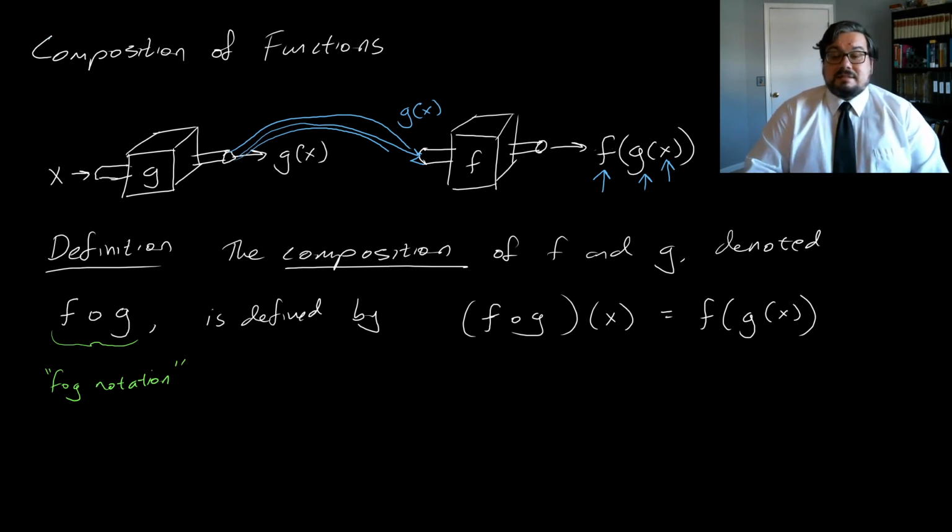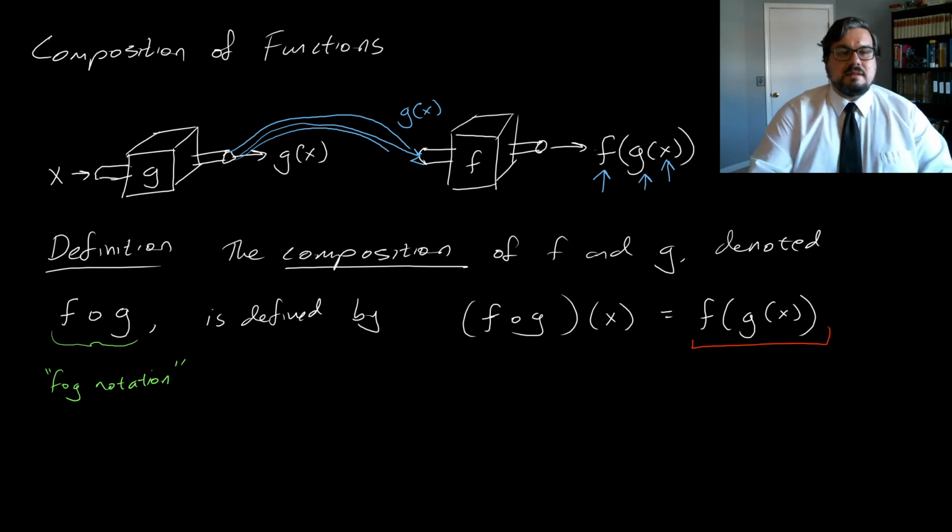And it's defined like this. Whenever you're evaluating a composition of functions, you are basically always going to use this form of it, because that's the definition of the composition of two functions.